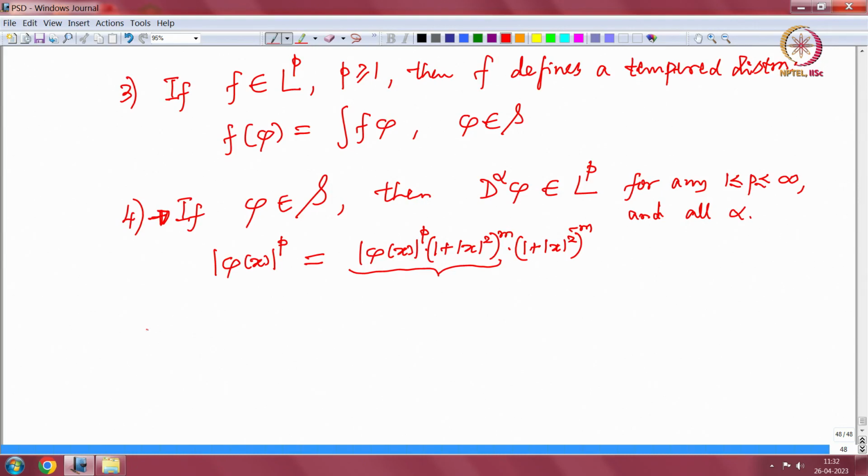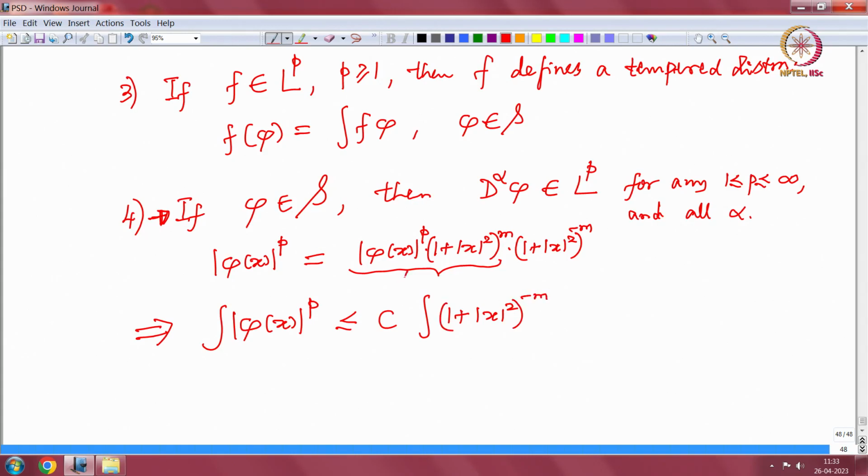That implies the integral of phi x to the p is less than or equal to some constant, that is the bound, times the integral of 1 plus mod x square to the minus m.